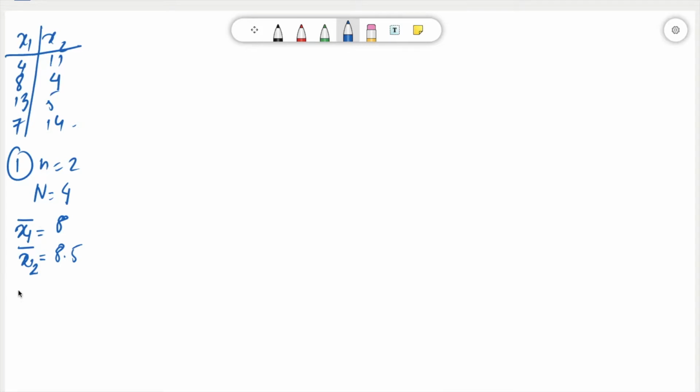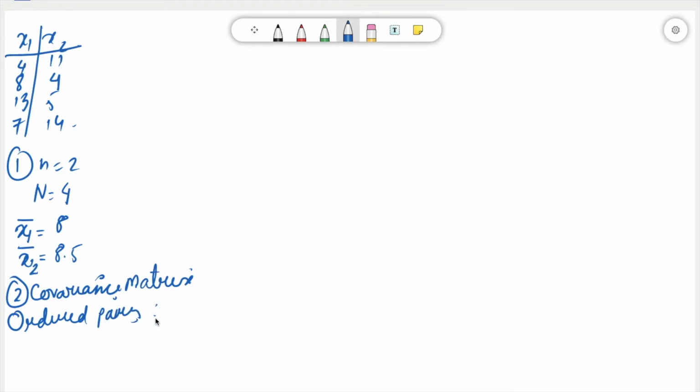The next step is to calculate the covariance matrix. So let me write this down: covariance matrix calculation. First we have to find the ordered pairs out of x1 and x2.